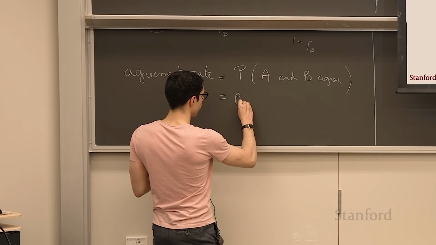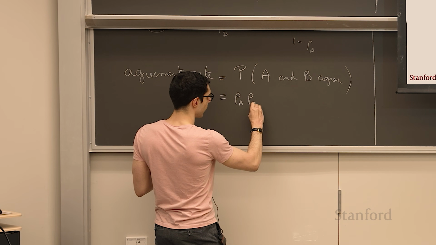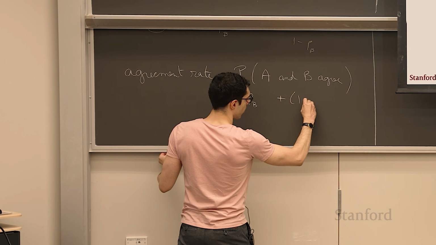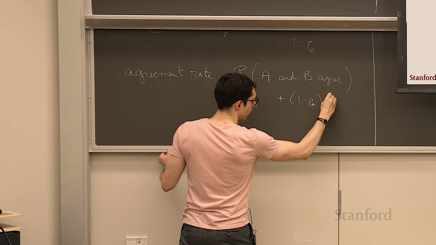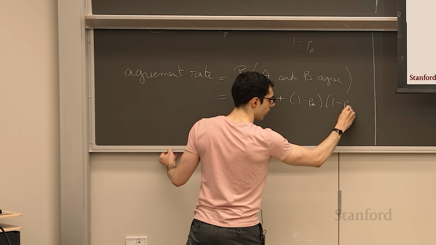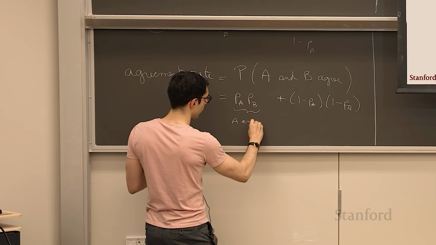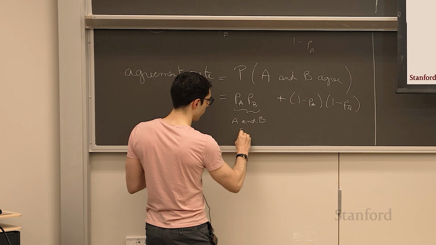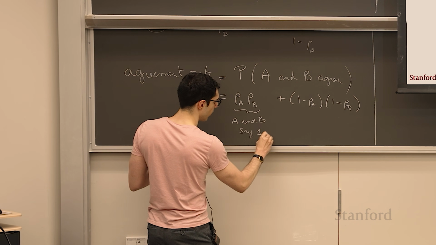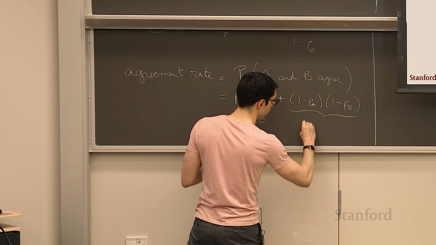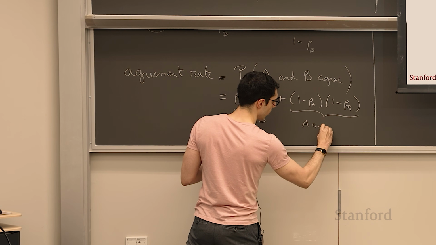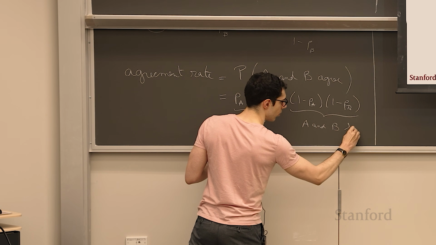So P of A, P of B, plus 1 minus P of A, 1 minus P of B. So this one is A and B say 1. And here A and B say 0.